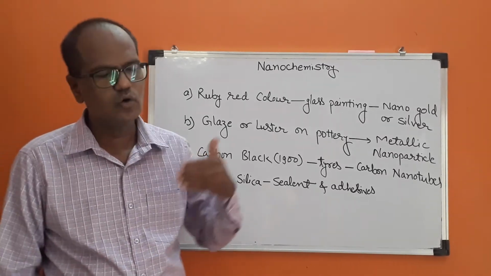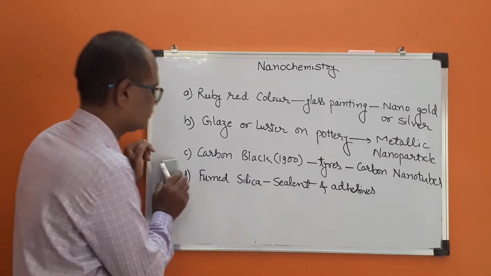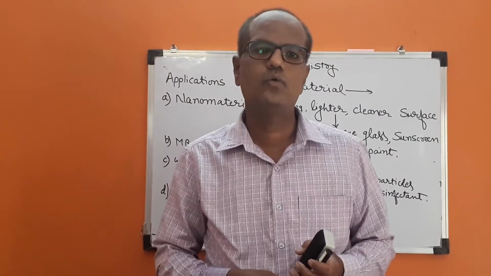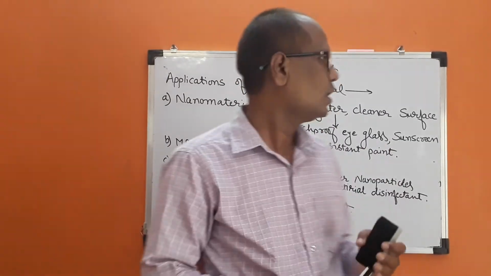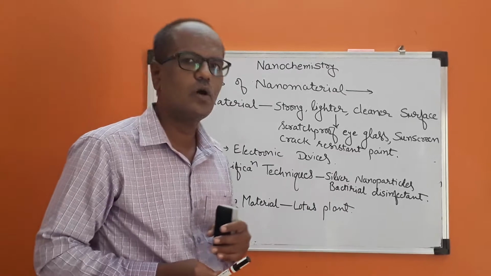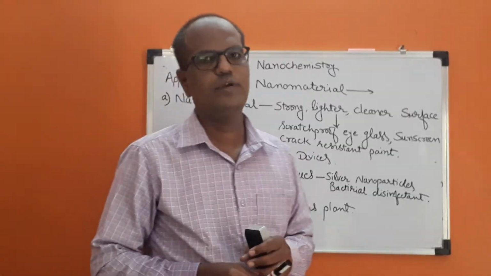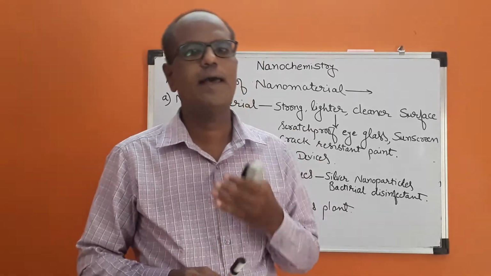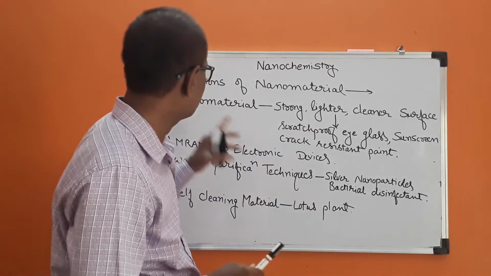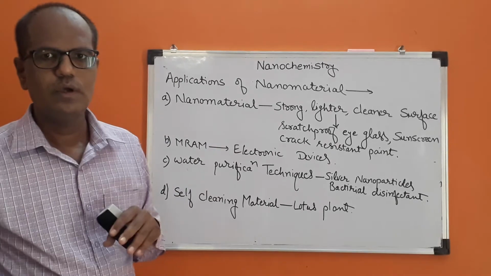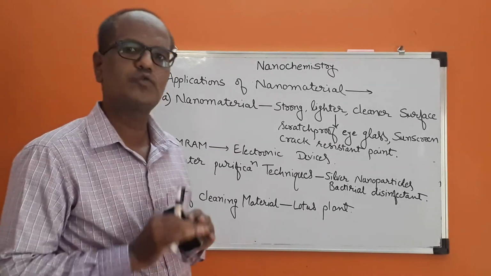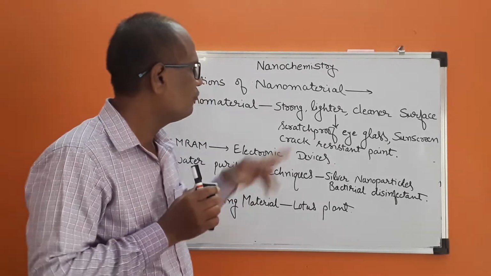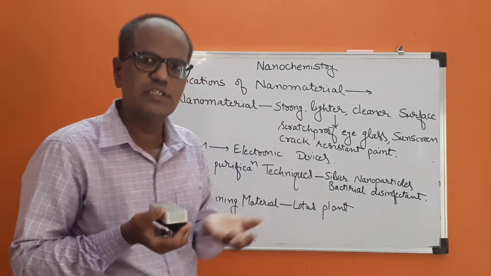Now let us go to the next point. Now we are going to discuss the applications or uses of nanomaterials. We are going into details of very few applications which are important. For example, nanomaterial is responsible for producing a surface which is very strong and light in weight.